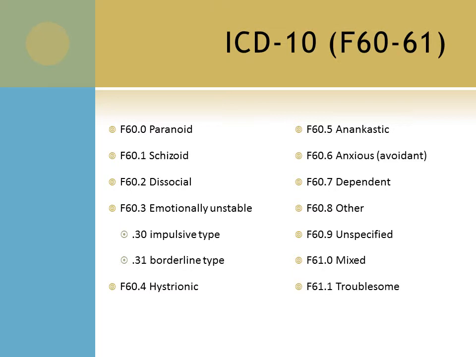The Disorders of Adult Personality and Behavior section also includes F62, enduring personality changes not attributable to brain damage and disease, F63, habit and impulse disorders, F64, gender identity disorders, F65, disorders of sexual preference, F66, psychological and behavioral disorders associated with sexual development and orientation, F68, other disorders of adult personality and behavior, and F69, unspecified disorder of adult personality and behavior.